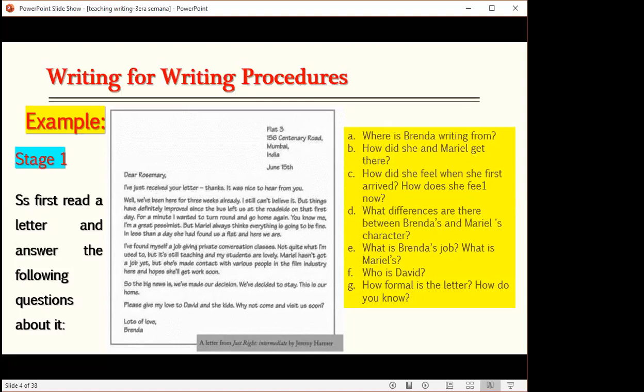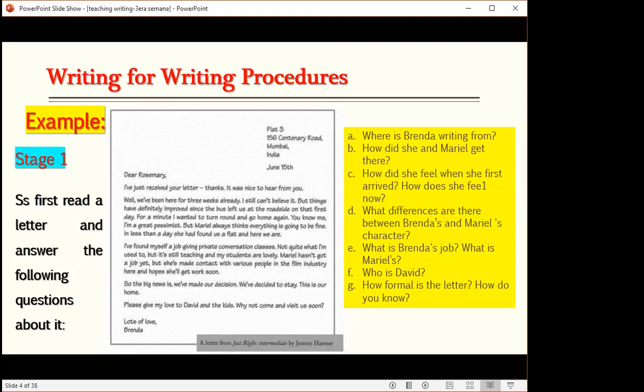And they are going to analyze the information. No? For example, here you have, where is Brenda writing from? How did she and Mariel get there? How did she feel when she first arrived? How does she feel now? What differences are there between Brenda's and Mariel's character? What is Brenda's job? What is Mariel's? Who is David?